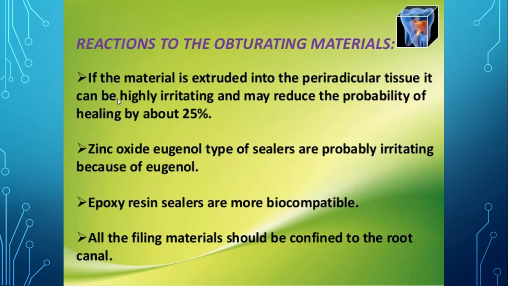Zinc oxide eugenol type sealers are probably irritating because of the eugenol. Epoxy resin sealers are more biocompatible, and all the filling materials should be confined to the root canal. It means filling materials should not extrude from the apex.